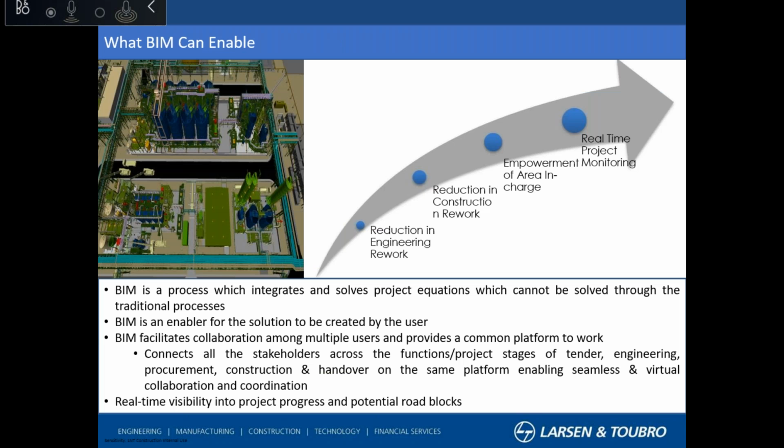Now, what can BIM enable? BIM can enable lots of things in our projects. If we properly implement it, we enormously reduce our engineering and construction rework. Everything is planned in this way, so the complexity of the projects, engineering, procurement and construction can be easily solved without any hassle, which is not possible in a traditional process.